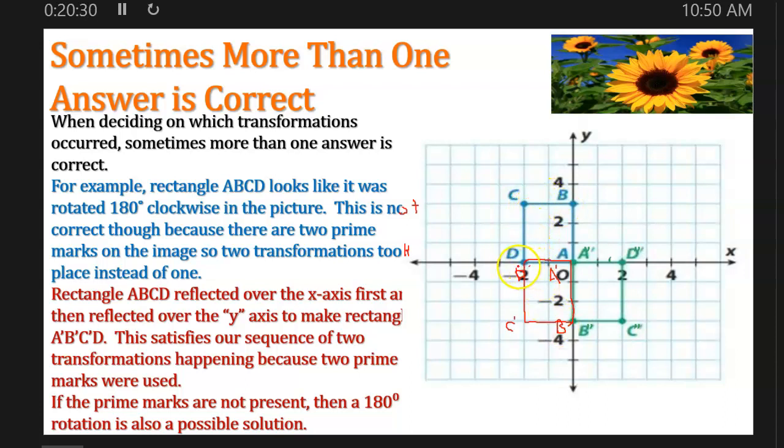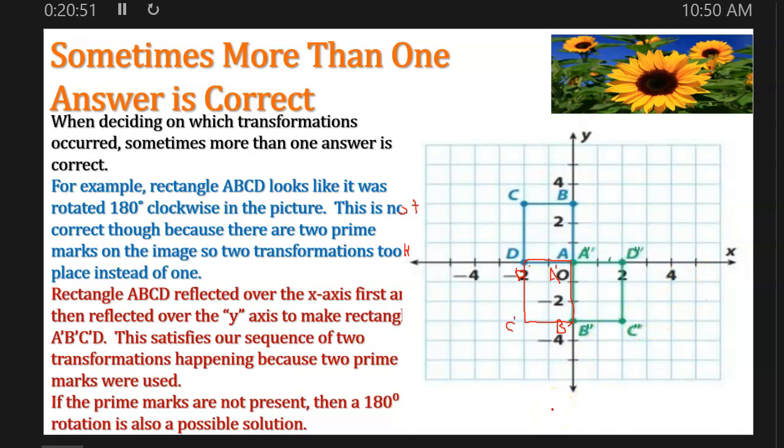And then again, the orientation changed when I flipped it over this y-axis line to make the green rectangle, and the D and the A switched places and the B and the C switched places. So this was actually two reflections that just appeared to look like one 180 rotation.